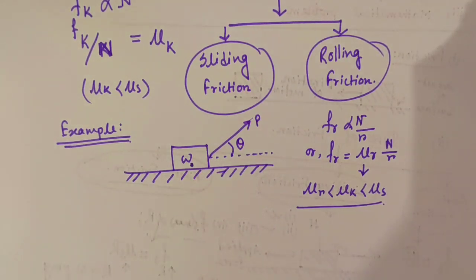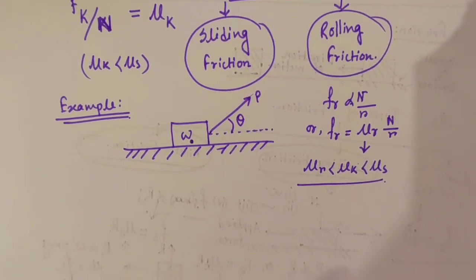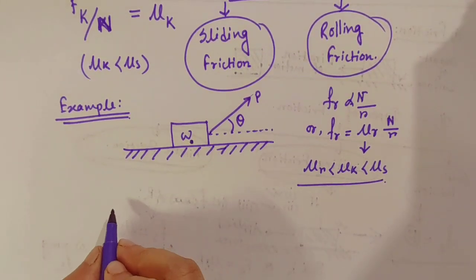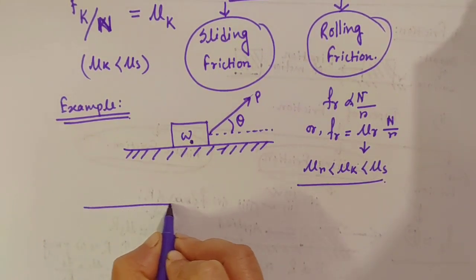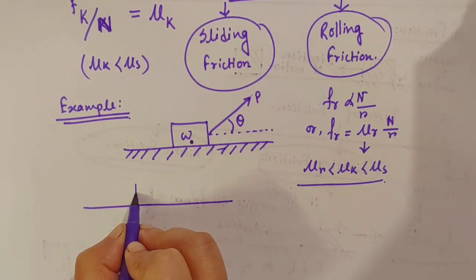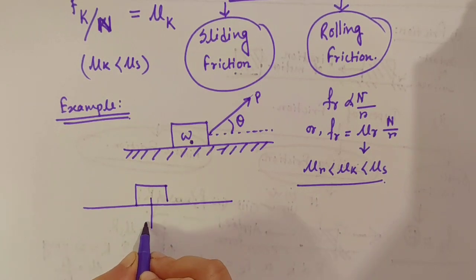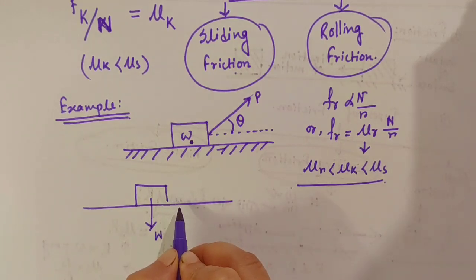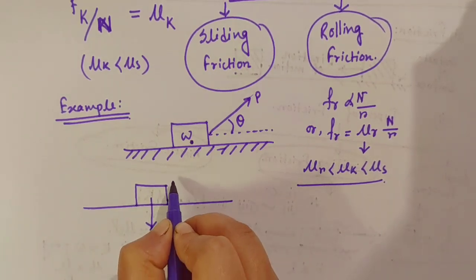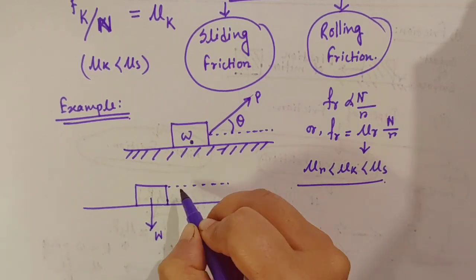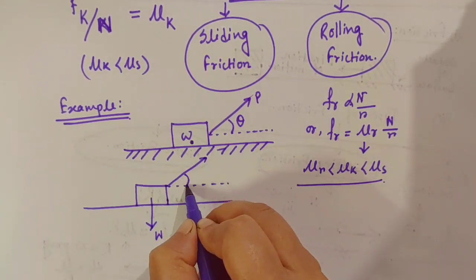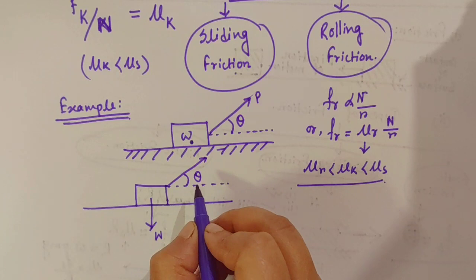Now again we have to draw one free body diagram. So suppose this is our surface, this is block, then weight is in the downward direction, then suppose this force is at angle theta.